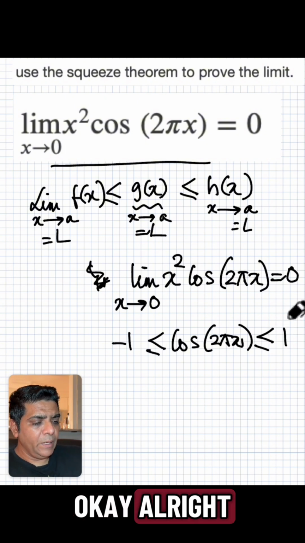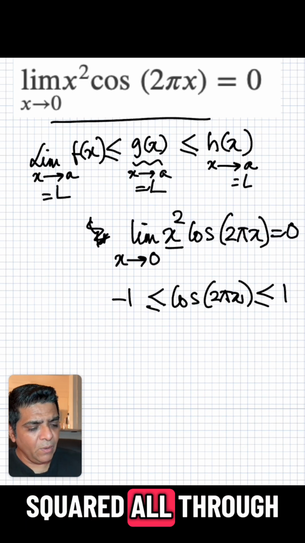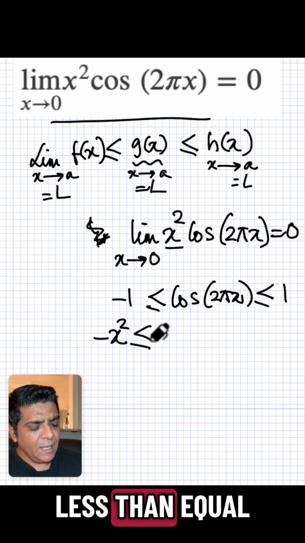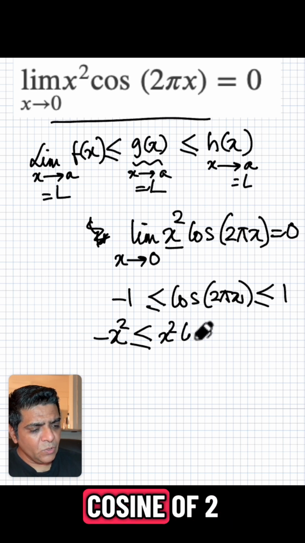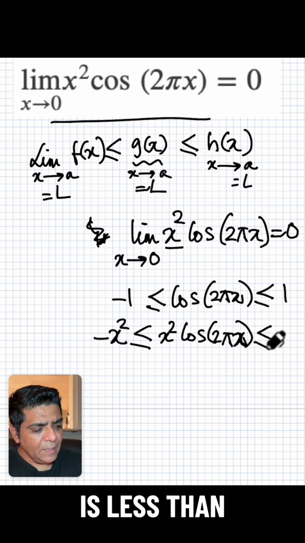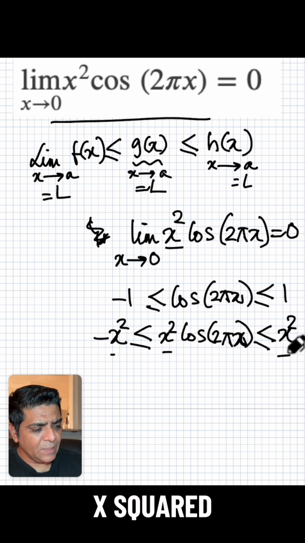Now, since there is an x squared here, we're going to multiply x squared all through. So this is going to be negative x squared less than or equal to x squared cosine of 2 pi x, which is less than or equal to x squared. All we did was multiply the entire thing with x squared.